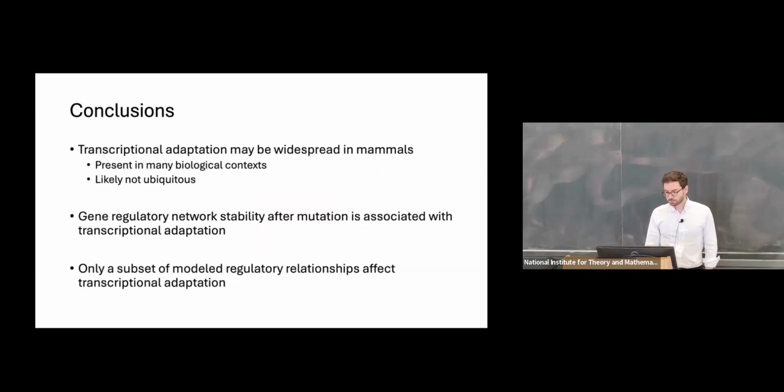So in conclusion, we found that transcriptional adaptation, or at least genetic compensation of some sort via any mechanism, may be widespread in mammals, and it's probably present across many biological contexts.